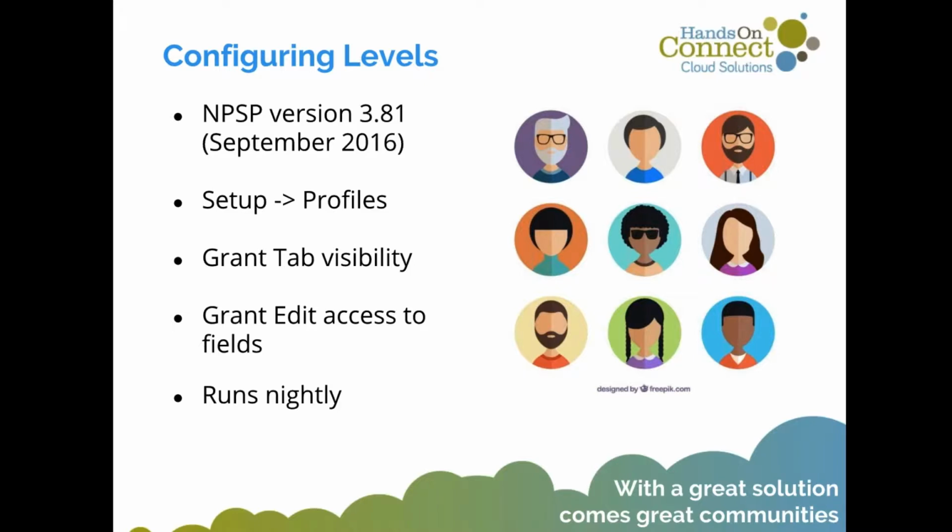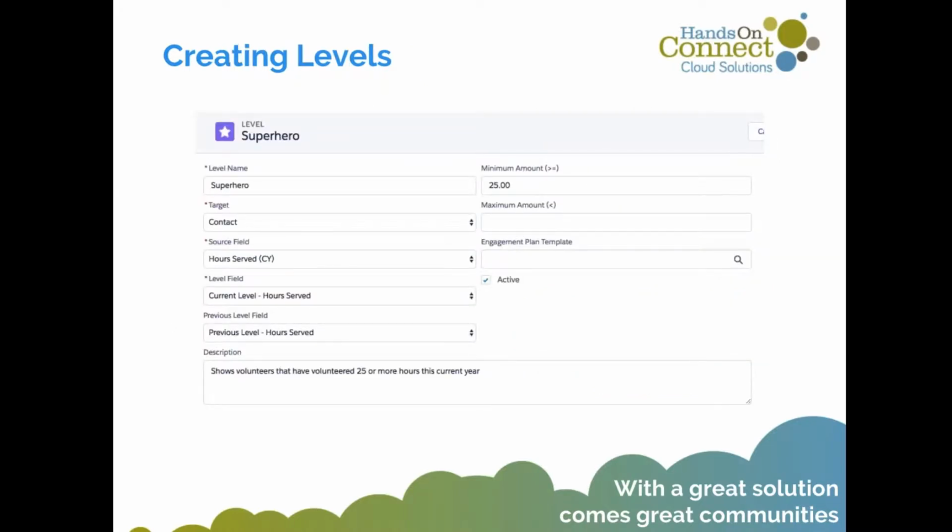One thing to note is that the levels used for this run on a nightly batch. So it's not a real-time update, but runs every night in your system, and that's to help reduce the load with all the other stuff you may have going on in your system.